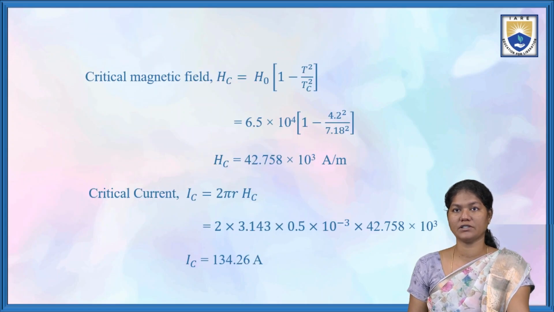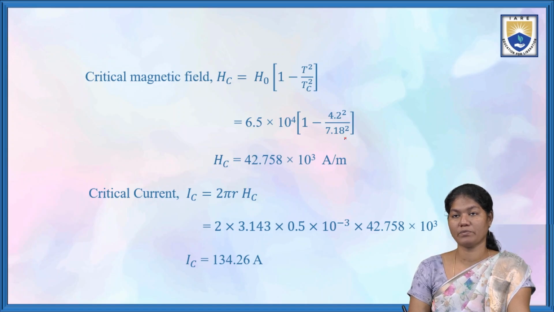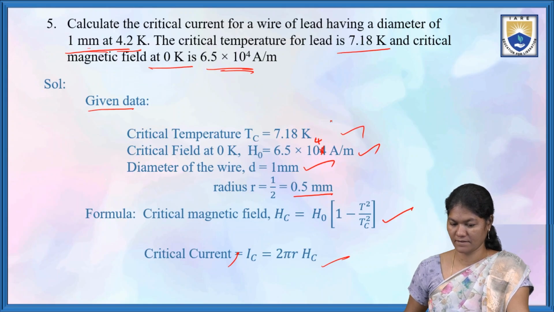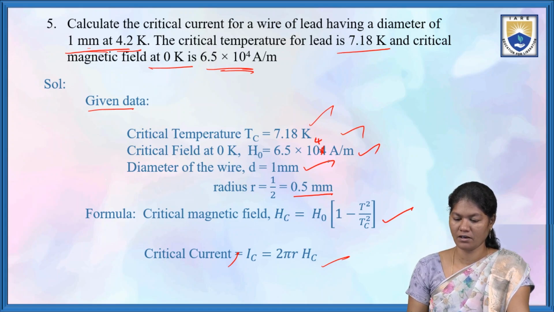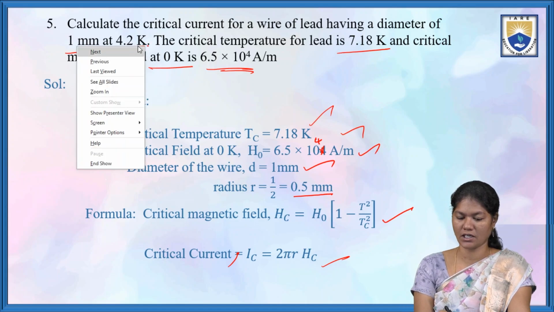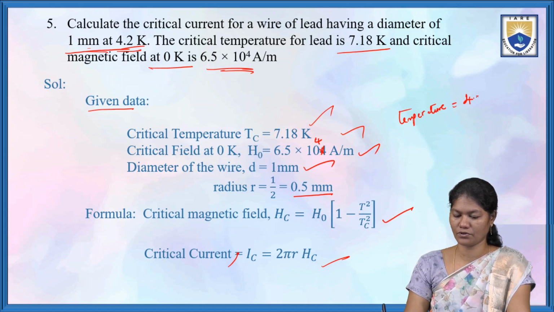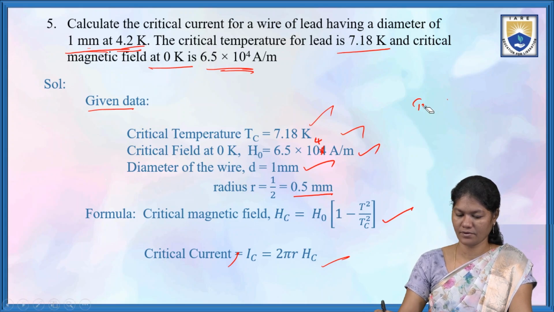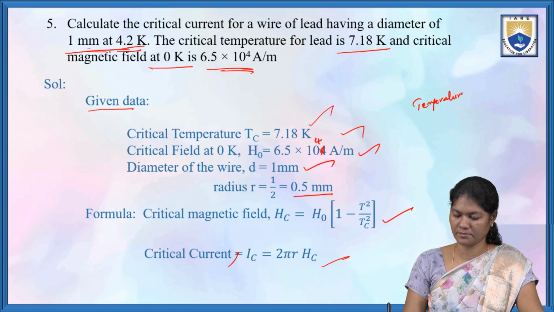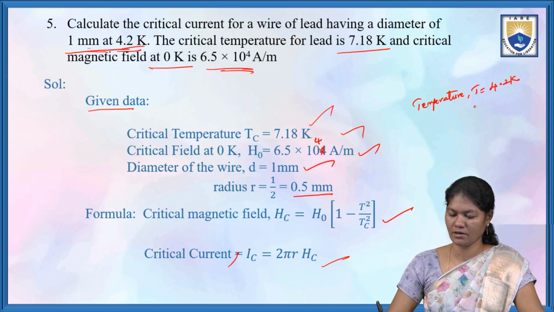So Hc is equal to 6.5 into 10 power 4 into 1 minus 4.2 square by 7.18 square, where temperature T is equal to 4.2 degree Kelvin and Tc is equal to 7.18.